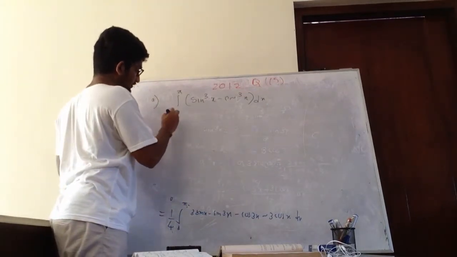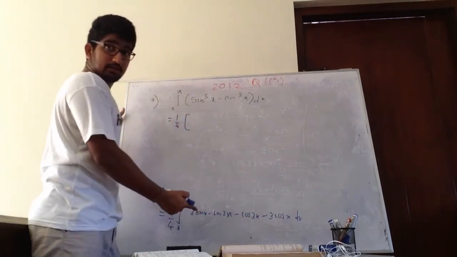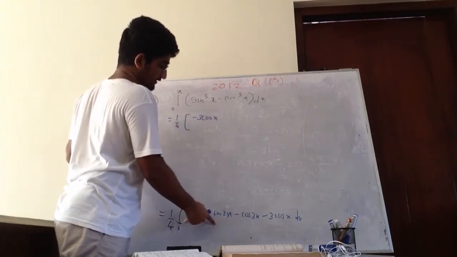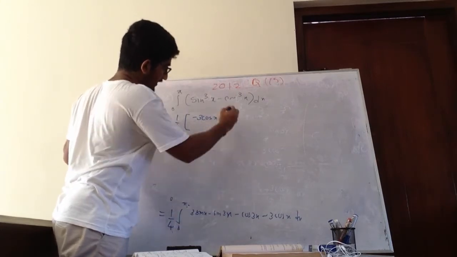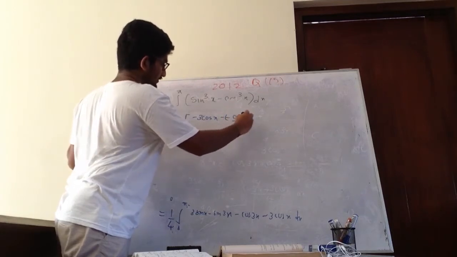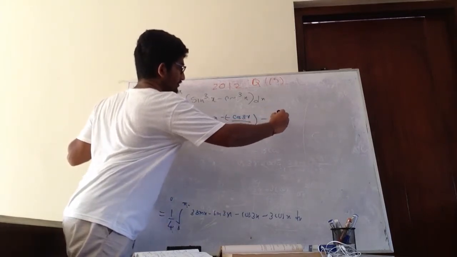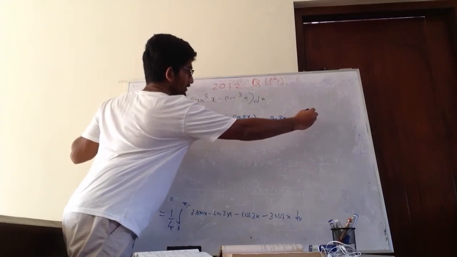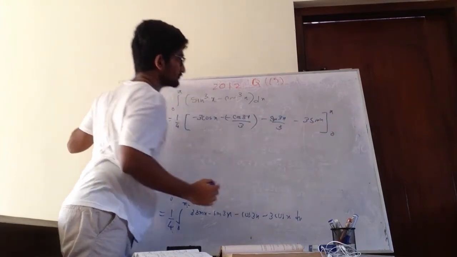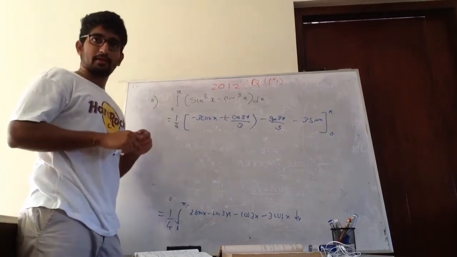So when you integrate this with the 1 over 4, 3 sin x will be minus 3 cos x, minus sin 3x will be cos 3x over 3, cos 3x will be sin 3x over 3, and 3 cos x will be 3 sin x. Right? Correct?